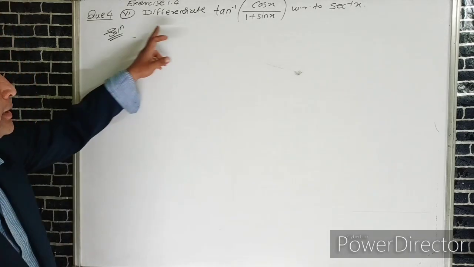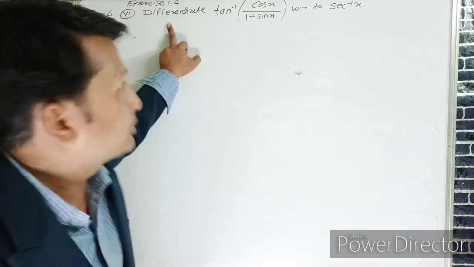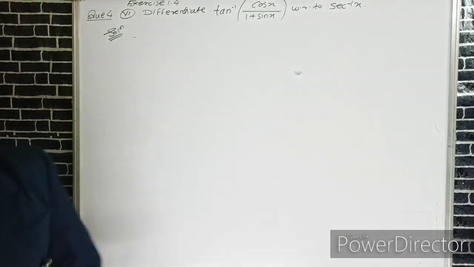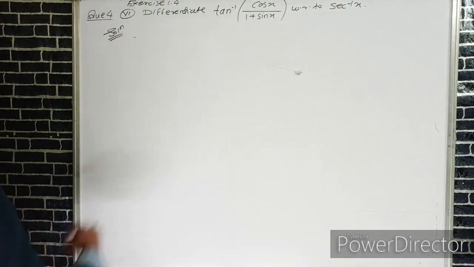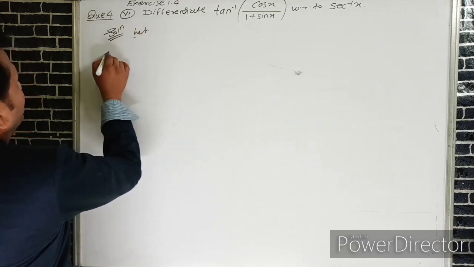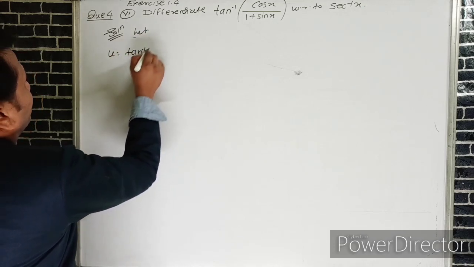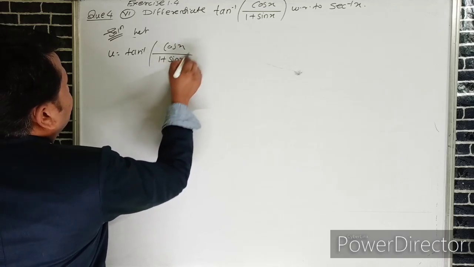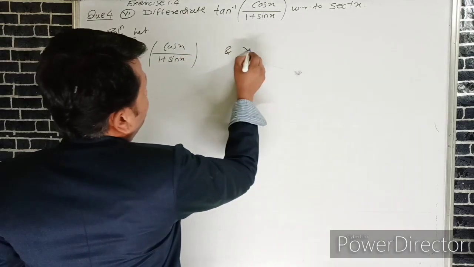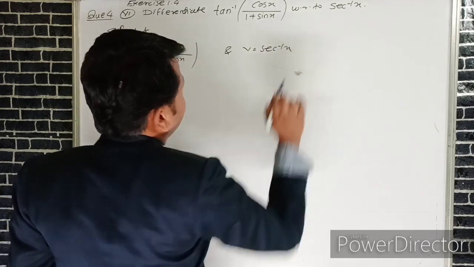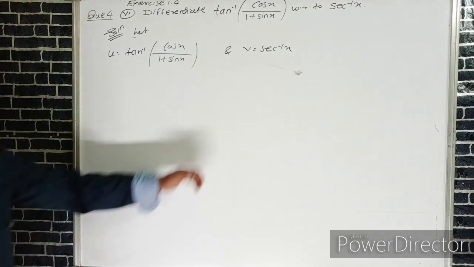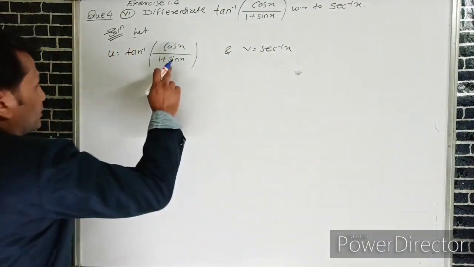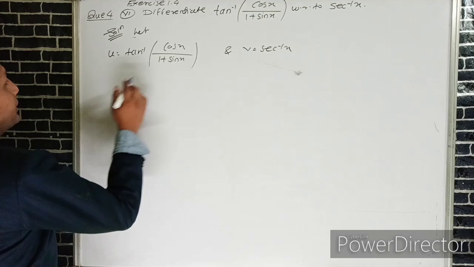Next, differentiate tan inverse of (cos x upon 1 plus sin x) with respect to sec inverse of x. Here, first we consider that let u is equal to tan inverse of (cos x upon 1 plus sin x) and v is equal to sec inverse x. We can take the direct derivative of sec inverse x, but first we convert this function into the tangent function.